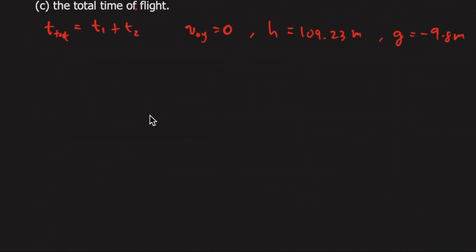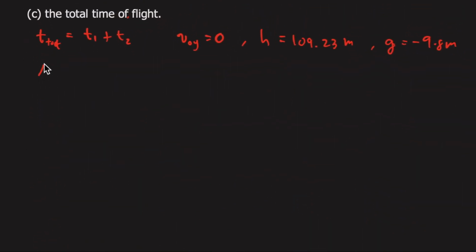So let's use that equation. Delta y is equal to v naught y times time plus 1/2 gt squared. So again, this is t2.